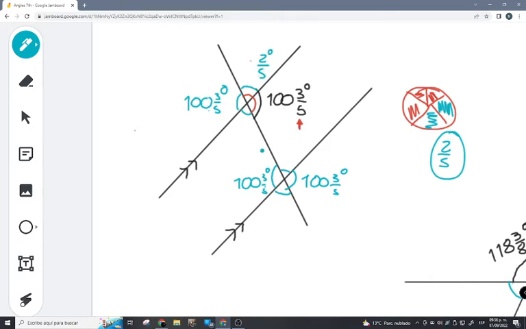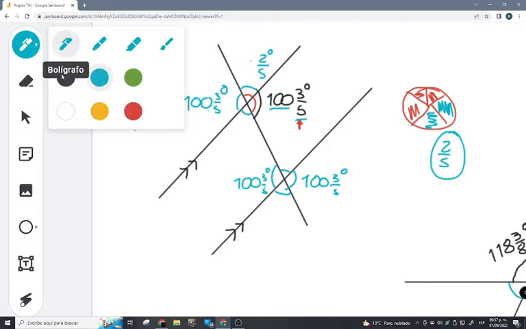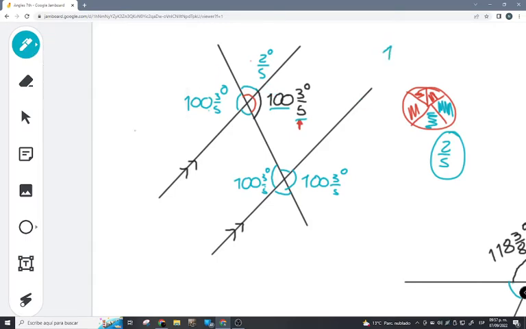Now we have 100, 3/5, and 2/5. Basically, we now have 101 degrees. Why? Because look, we have this 100, but this fraction and this fraction make the additional degree that we have here. So now we have 101.